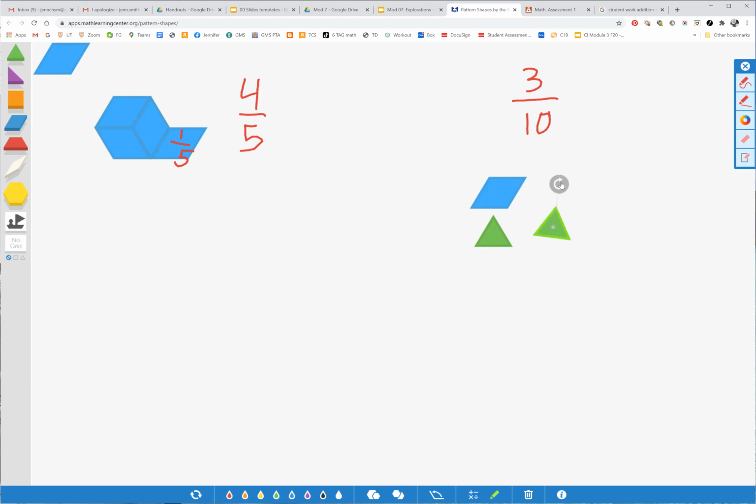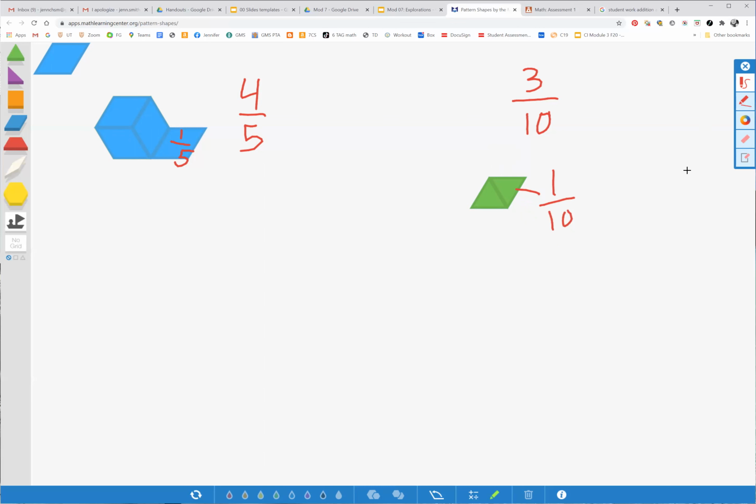So let me move one of them up here just to show you that they fit on top of each other. Let's turn this one like this. Here are my 2 green triangles. So if the blue piece is 1/5, then each of the green pieces is 1/10.